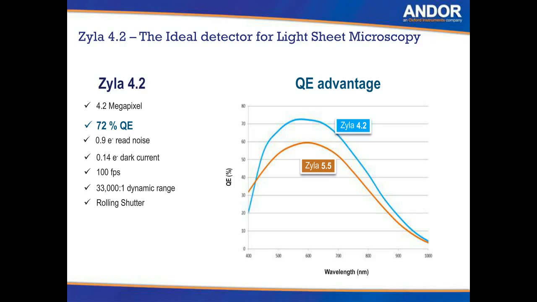I'm going to go into that in a little bit more detail afterwards, but it's important to remember that the rolling shutter mechanism is what is used to synchronize with the light source, for example, in your light sheet microscopy. It's what our previous speaker, Dr. Greenbaum, was discussing. So it's the rolling shutter mechanism of the Xyla 4.2 which is essential for this.